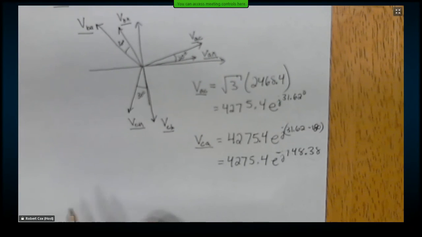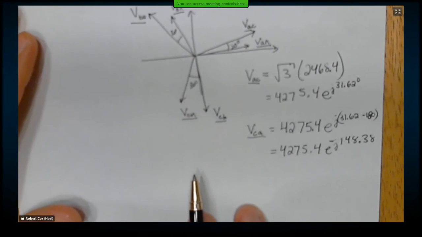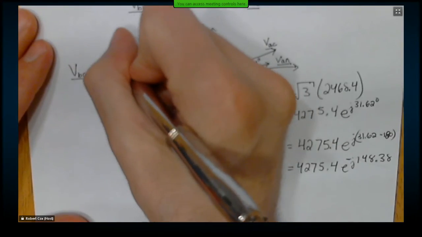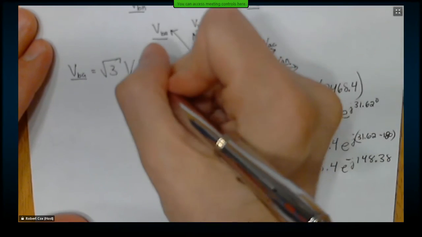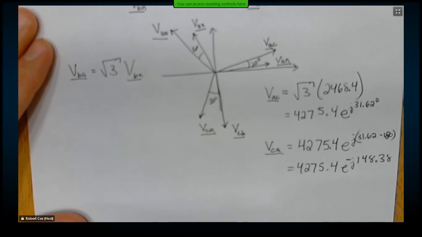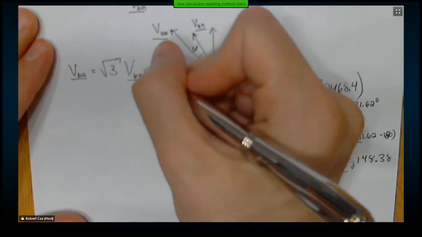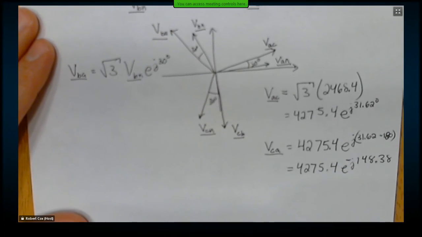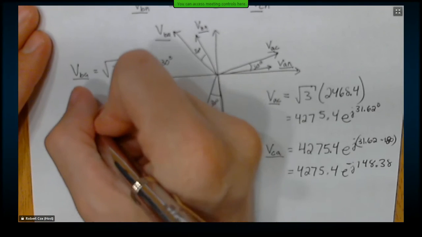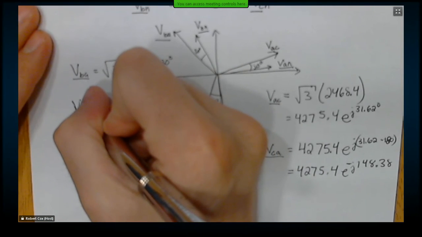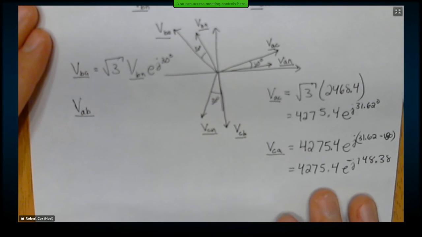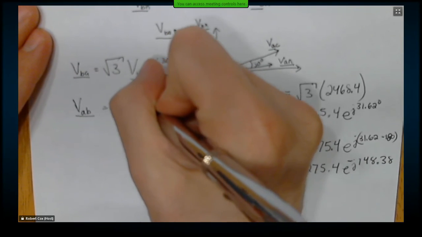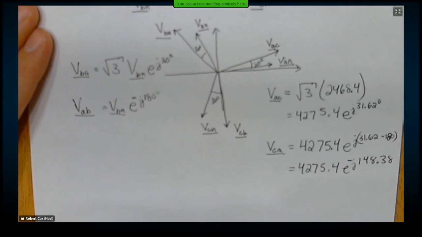So if I went through a similar way, I'd follow that same approach here. I would say VBA is root 3 times VBN, and then I advance this guy by 30 degrees. So I add another 30 degrees, and to find VAB, what they really want, I take VBA and subtract 180 degrees from it.